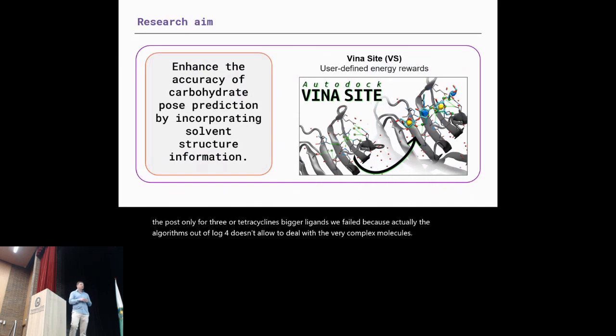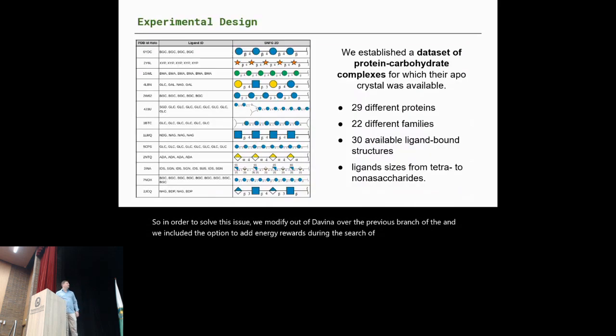So in order to solve this issue, we modified AutoDock Vina over the previous branch of AutoDock Vina, and we included the option to add energy rewards during the conformational search.